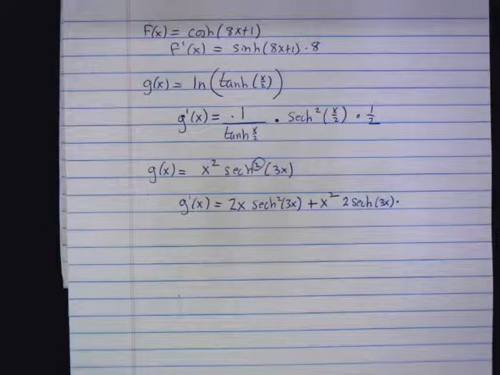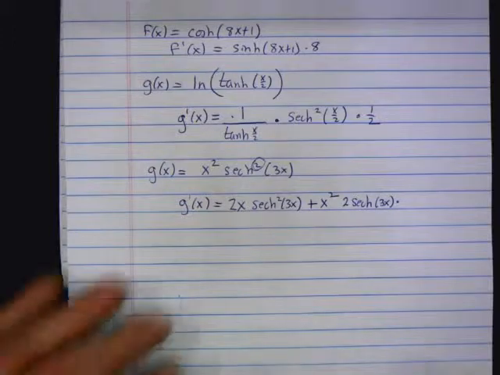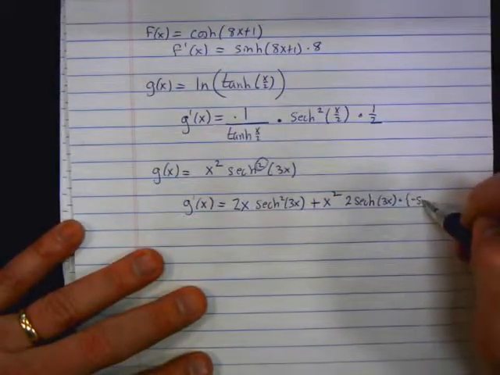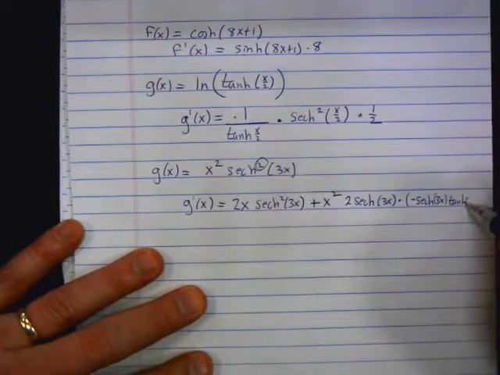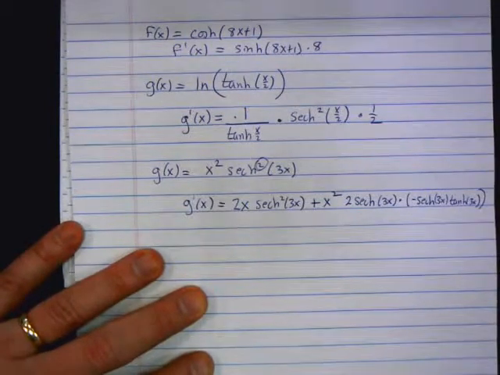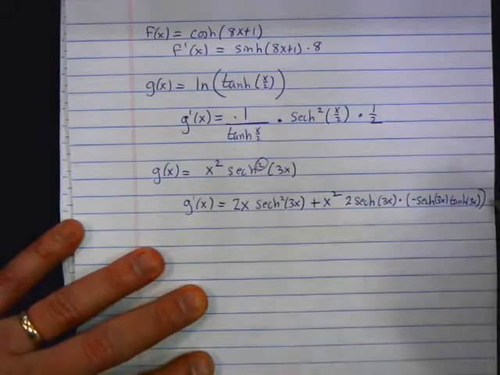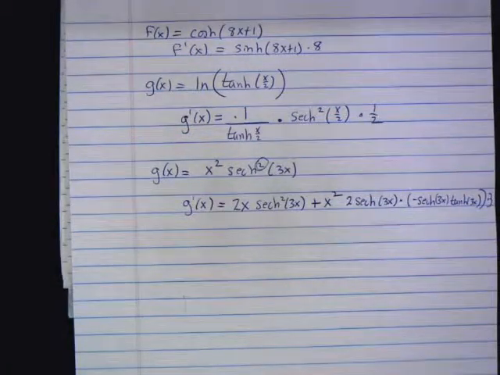In this case, I need the derivative of hyperbolic secant. What was our derivative of hyperbolic secant? Negative hyperbolic secant x, and then hyperbolic tan x. That sounds right. That one had a minus in it. So I'm going to have minus hyperbolic secant of 3x times hyperbolic tangent of 3x times 3. Still not done, times 3. Again, it's a double chain rule problem. I've got to take the derivative of the inside again.